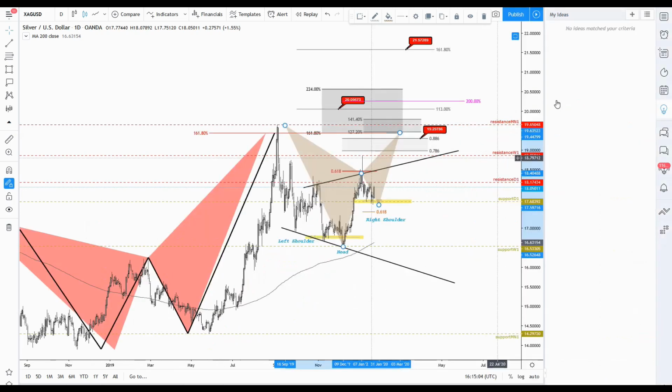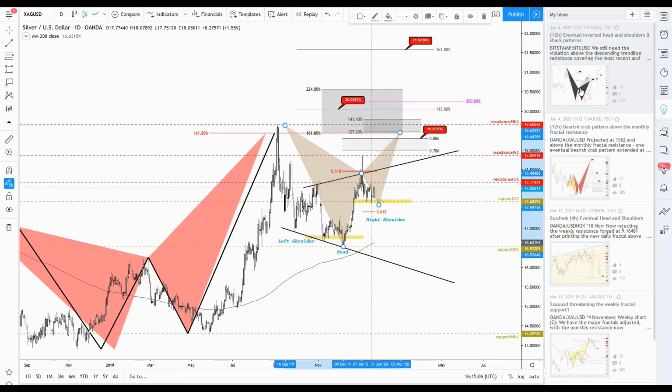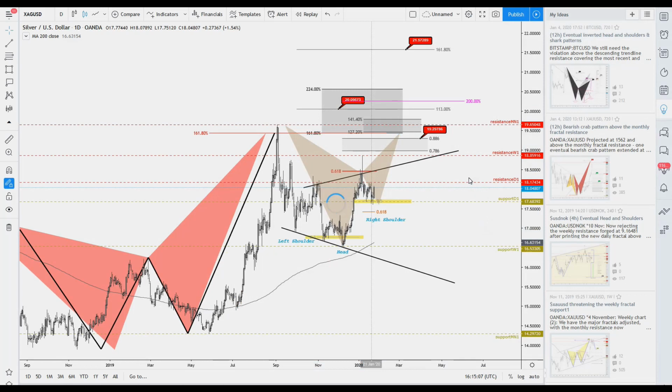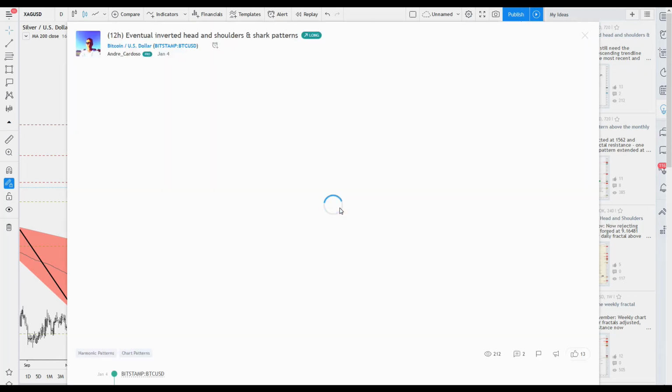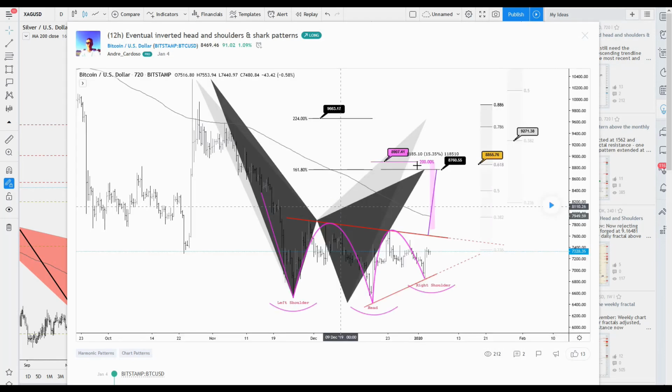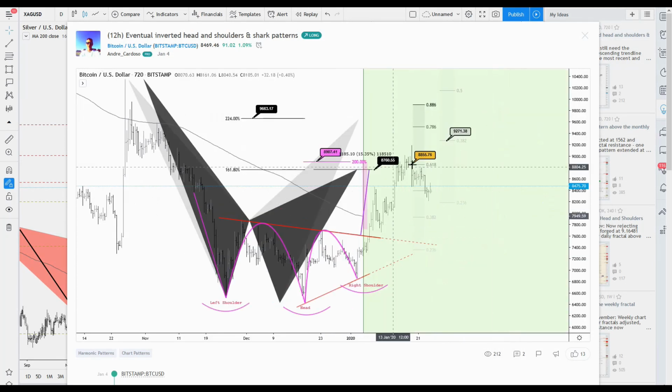Not so often, but sometimes I push some patterns there, and this was just one example of the most recent one that I was expecting to be formed around these levels for Bitcoin. So the market has found some interesting pressure there.